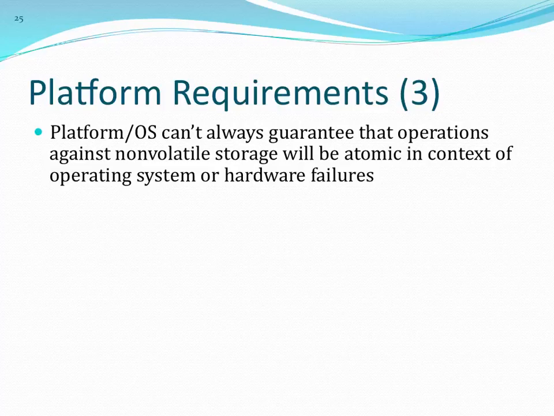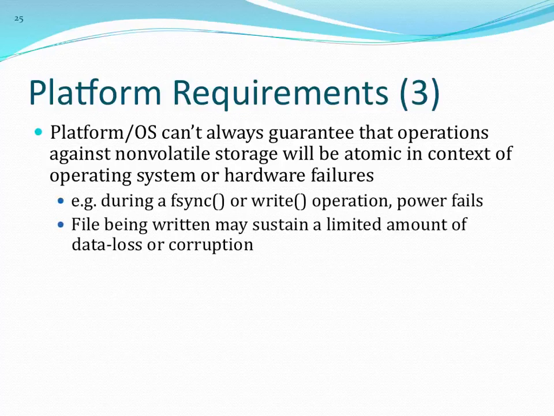It'd be really nice if you could actually guarantee that. So like he says here, during an fsync or a write operation, power fails. If you're writing a good database, you need to be able to deal with these issues as well. You have to be able to identify corruption occurring even in these operations that are purportedly atomic.